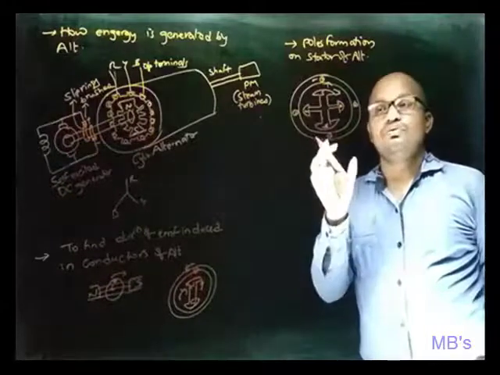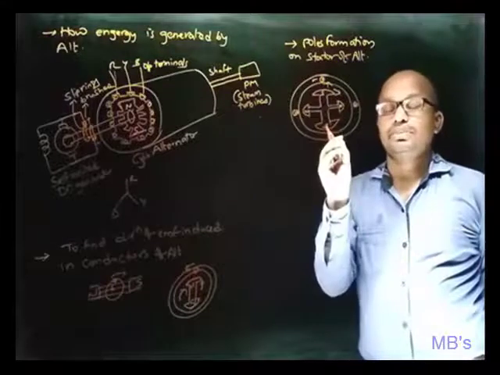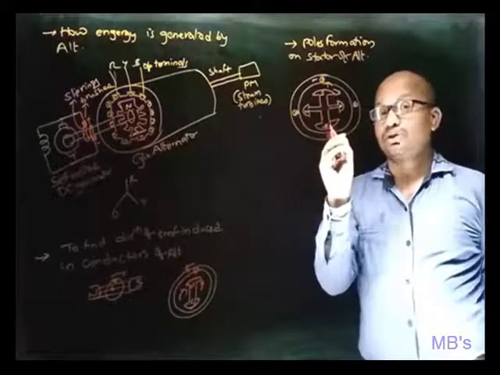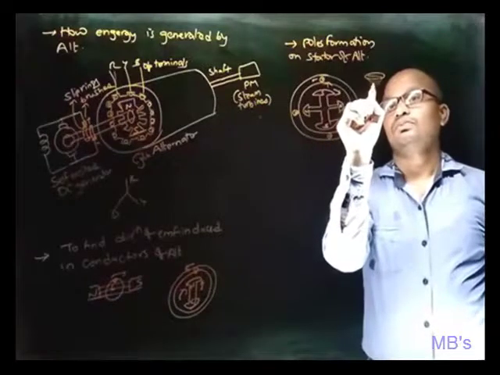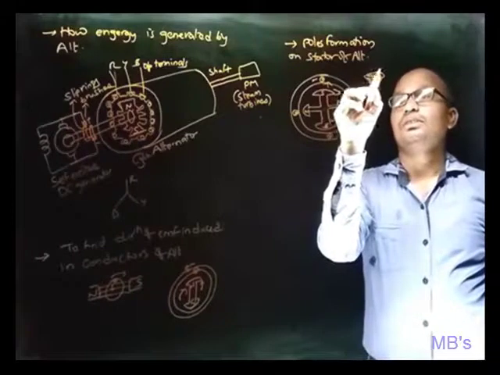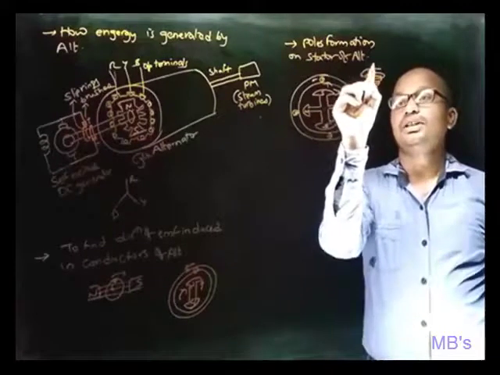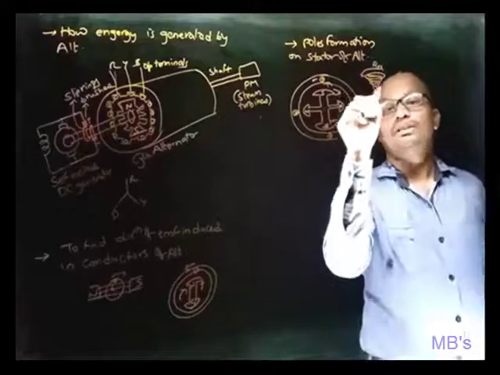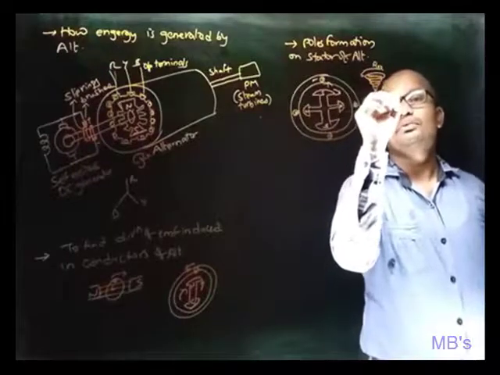Okay, and now to find the pole formation on the stator, simply remember the corkscrew rule. What it says: the direction of rotation of the head will represent the direction of flux, and the advancement of the tip will represent the direction of current.